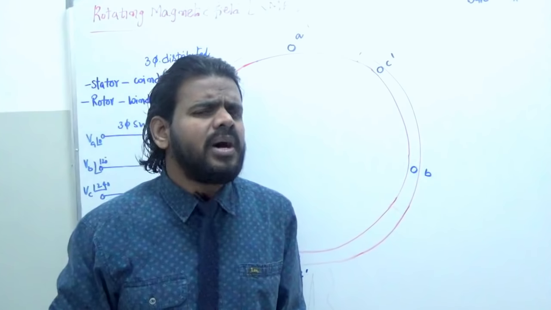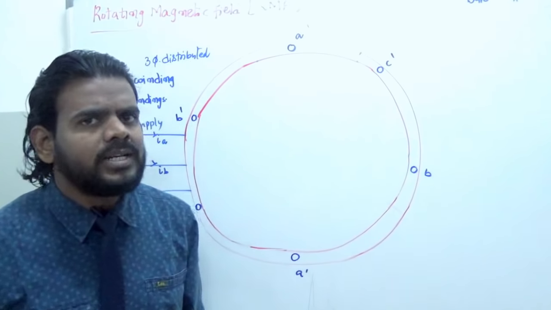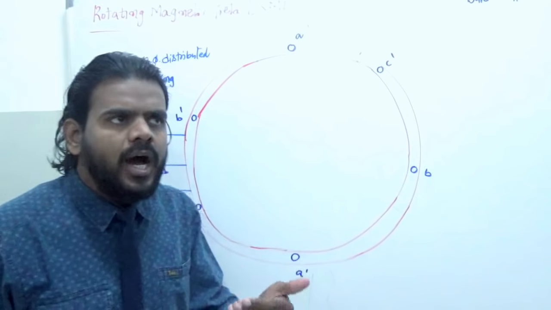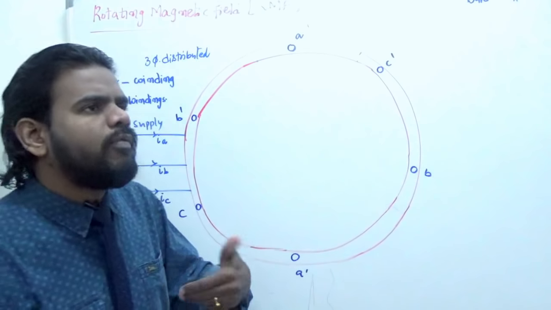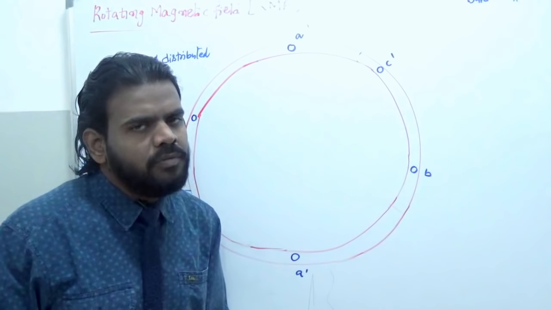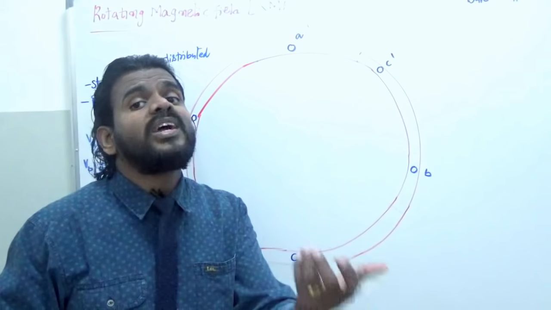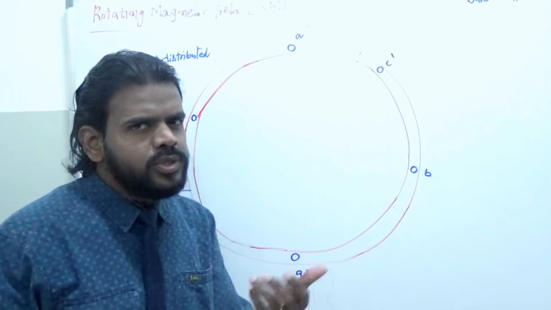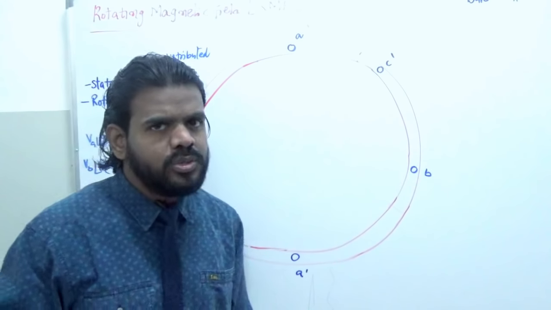Now we're going to see how a three-phase flux can result in a rotating flux, or in fact how a resultant flux of three-phase flux components would rotate in an induction motor. This is a beautiful concept which you will not find in many books in a clear way.